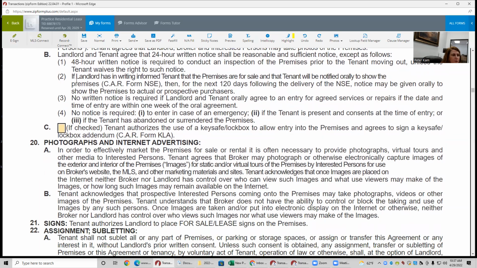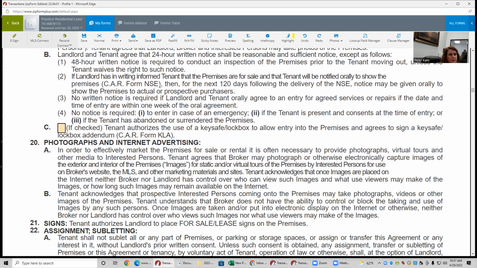Okay, and here's an important one. If the landlord has in writing informed the tenant that the premises are for sale and that the tenant will be notified orally to show the premises, for the next 120 days following delivery of the NSC notice, notice will be given orally to show the property to actual or prospective purchasers.